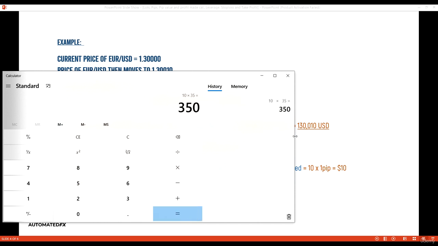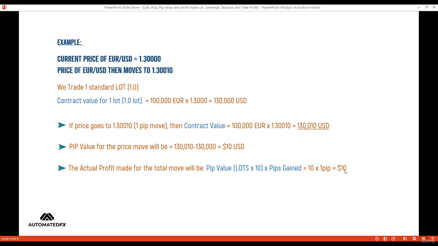So we'll have made $350 for a 35 pip movement of a Euro USD trade placed with 1 standard lot. That's as simple as that. Now you understand what we mean by pip value. You can calculate the value of a pip, and the actual profit you've made for whatever amount of pips movement your trade makes.